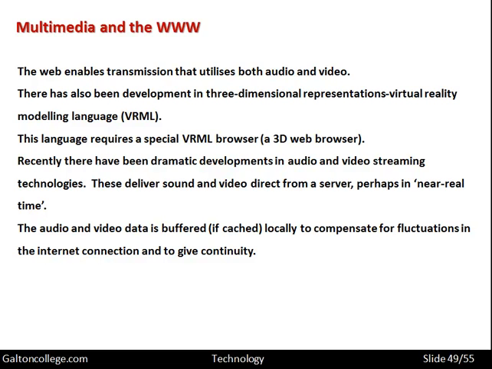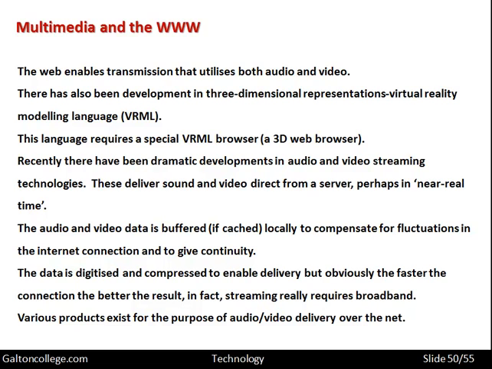And the buffered memory was being topped up by what was streaming in at the moment. But if the stream was unreliable and broke, we would still have the buffer. So it would continue to run for a period of time. Of course, if the stream was properly down, then the buffer would be depleted and the video would end. But with more reliable internet connections, that seems to be less of an issue.